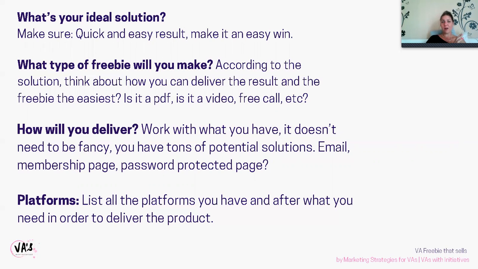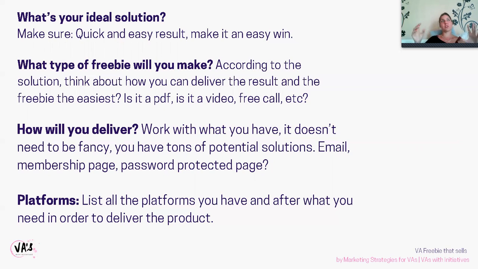How will you deliver? Work with what you have, right? It doesn't need to be fancy. You have tons of potential solutions, right? It's like you have email, membership page, password protected page, a short DM, right? Send the PDF through the DMs. And the platforms, list all the platforms you have, and after what you need in order to deliver the product itself, right?